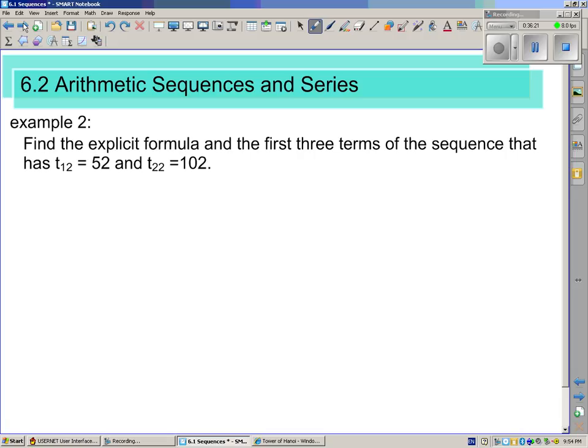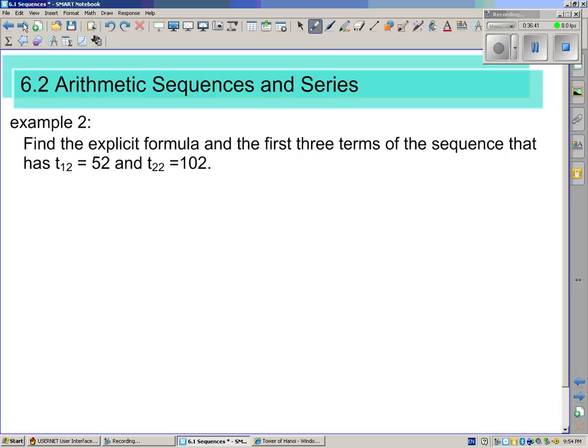Ooh, I don't know the first term and I don't know the common difference. What do I do? Well, let's say what we do know. We do know that 52 is term number 12.